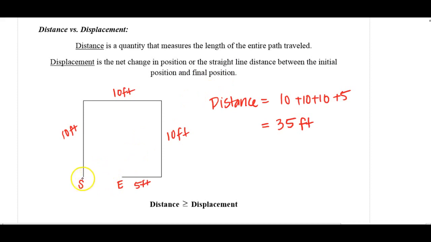The straight line distance between the starting point and the ending point is only 5 feet. So the displacement is only 5 feet. That's the subtle difference between distance and displacement. In general, the distance is always greater than or equal to the displacement of an object.